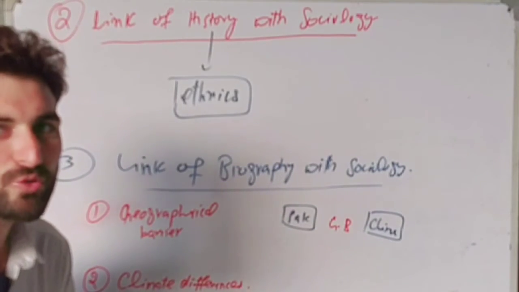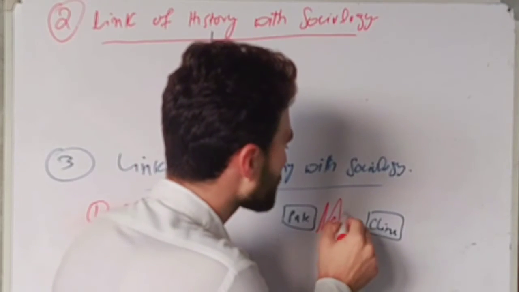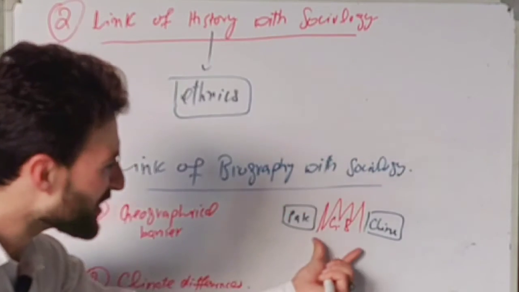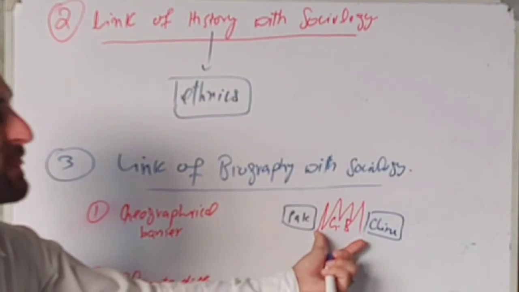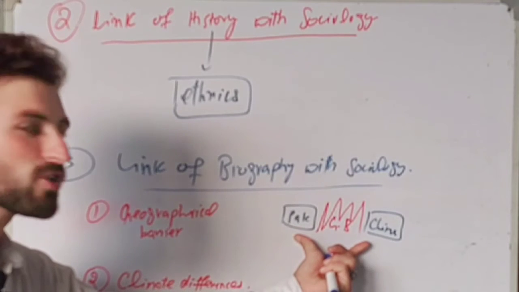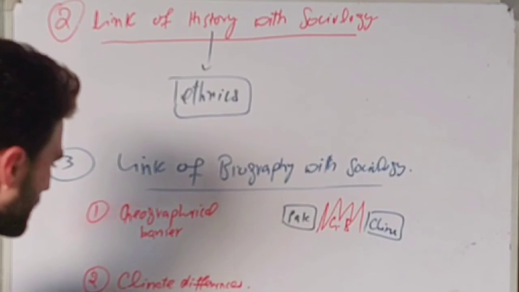Now what are those geographical barriers? They are the tallest mountains. On the basis of that, these two countries have different societies or cultures.